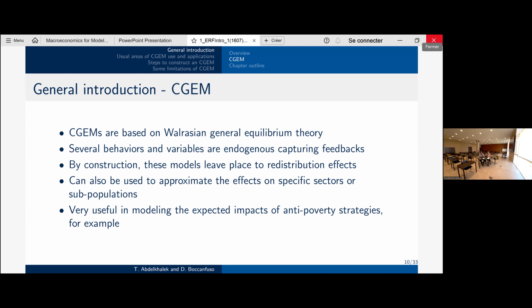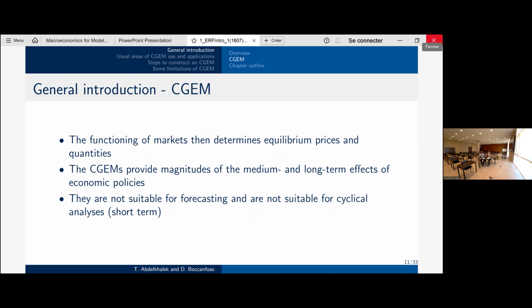So I think the CGE model is very useful for looking at the expected impact of a policy on the poverty situation, if we use a microsimulation, which we will see in the last session of this training.